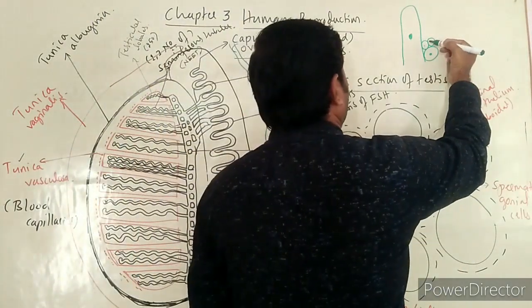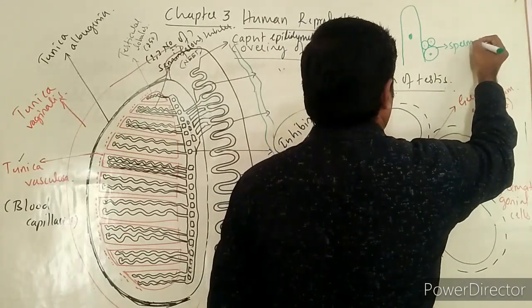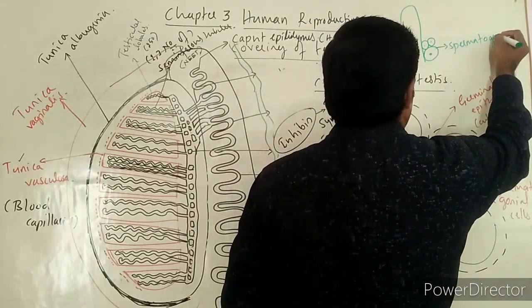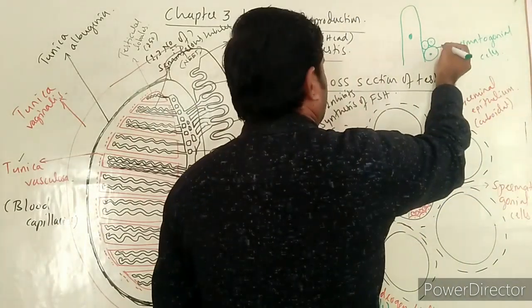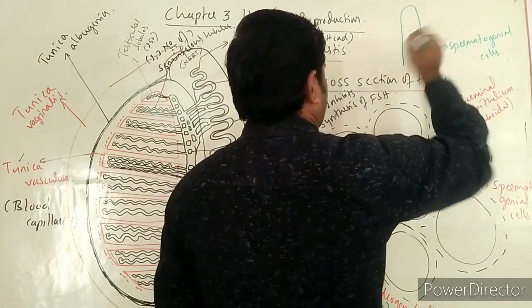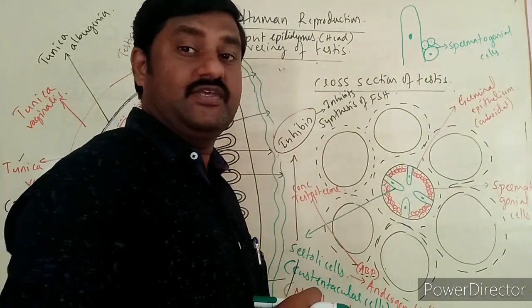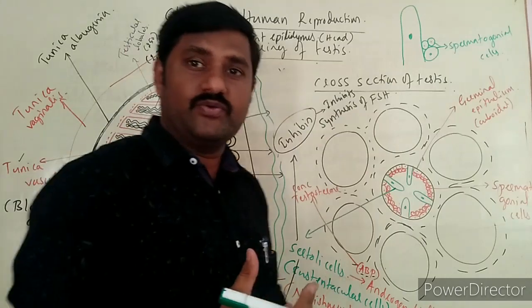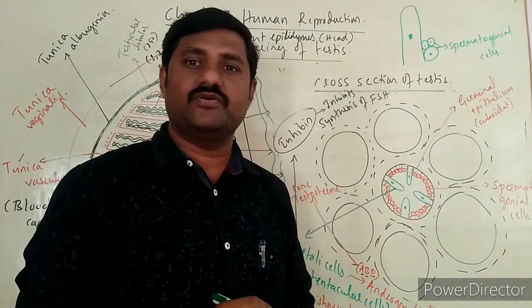So now we came to know many spermatogonial cells are produced. So these are spermatogonial cells. They undergo growth phase, means one of the spermatogonial cells, type A, type B are the spermatogonial cells produced over here.